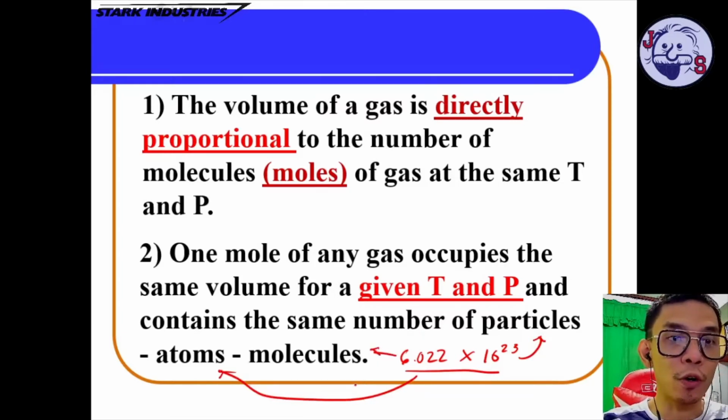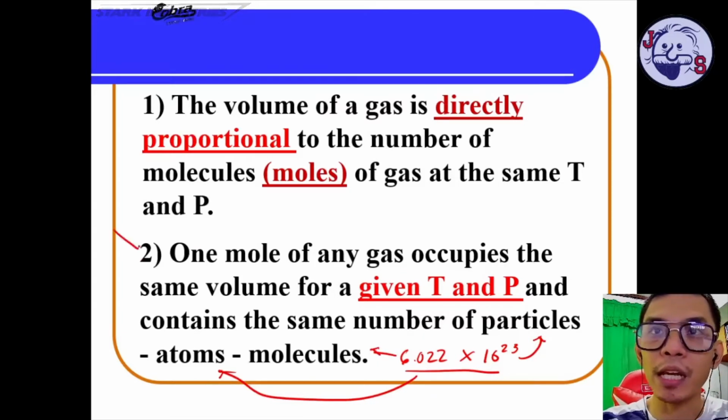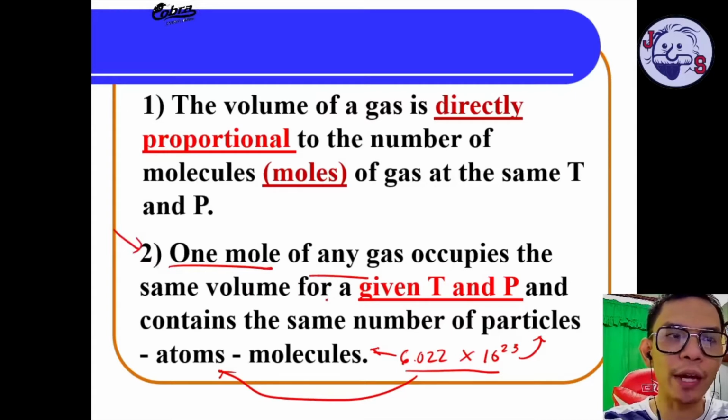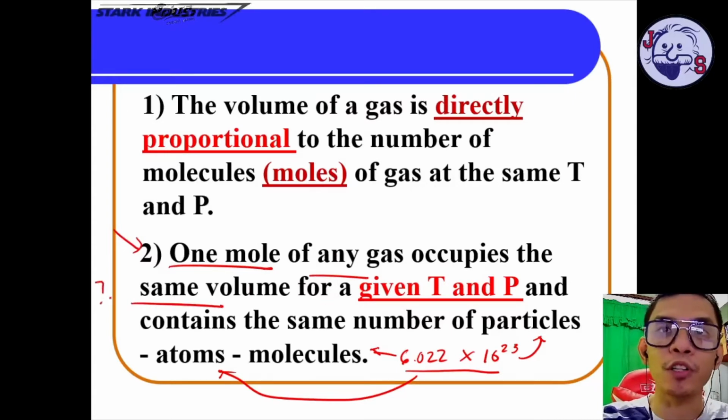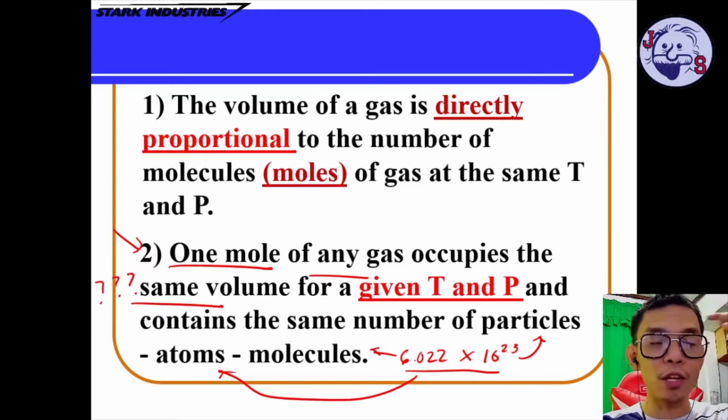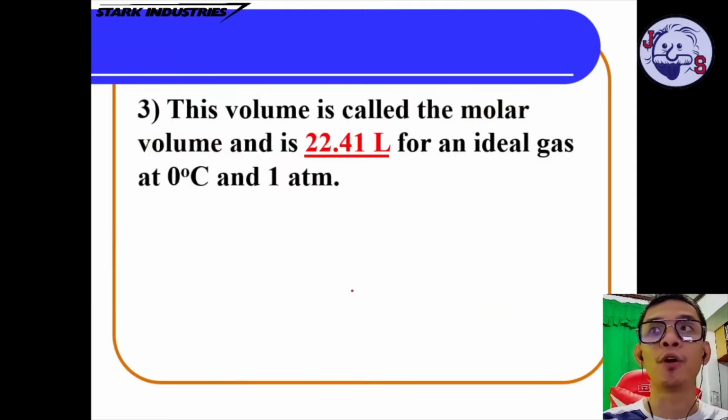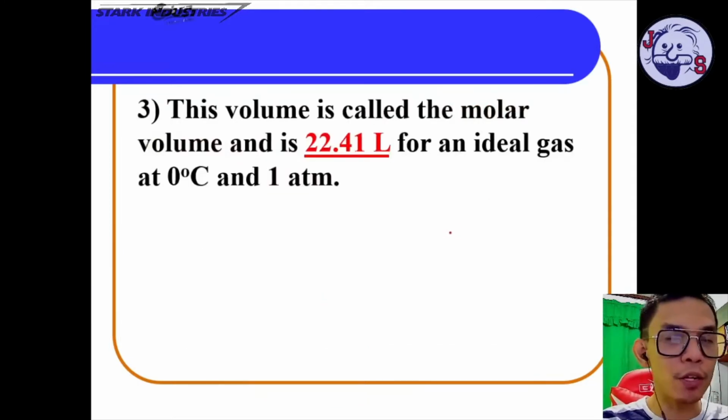So this second statement tells us that 1 mole of any gas occupies the same volume. So what is this same volume? That's the question. What is the value of this same volume at constant temperature and pressure? That was the molar volume. What is the value of the molar volume?